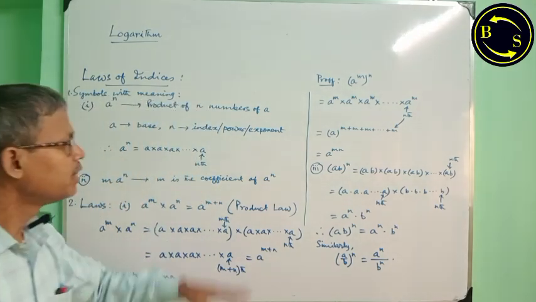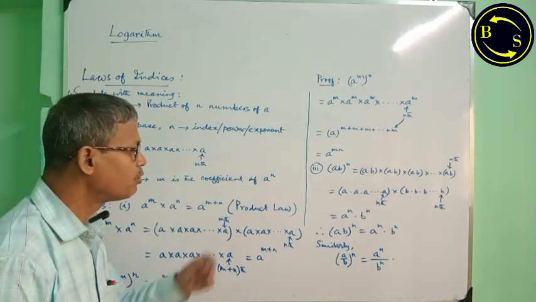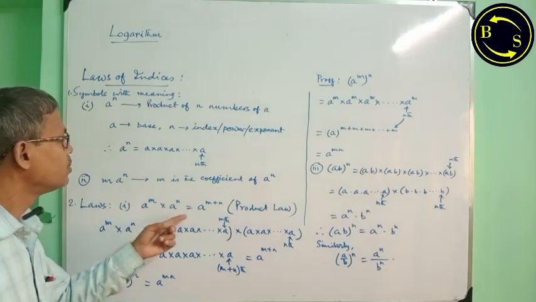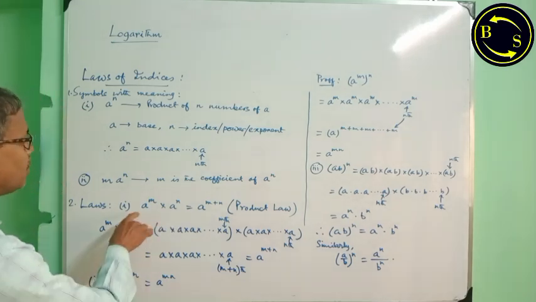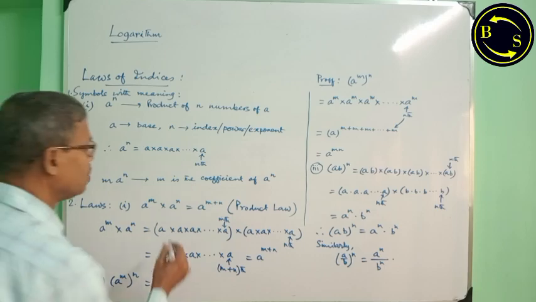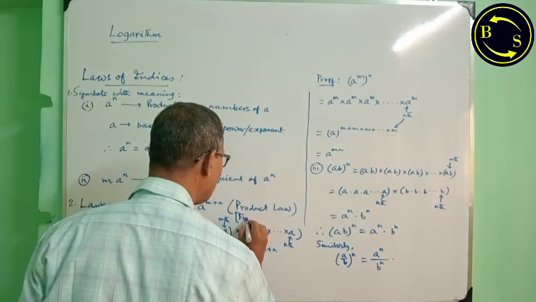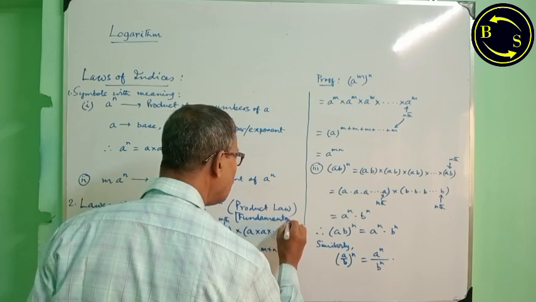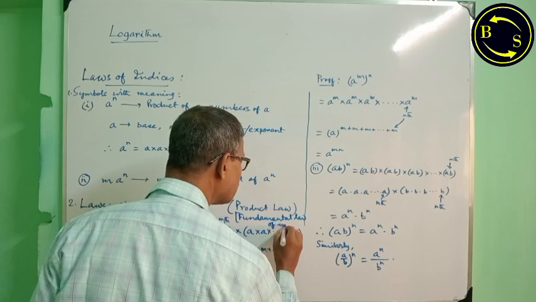All these three are related to multiplication or product. Therefore, this is the fundamental law of index. Fundamental law of index is this. This is called fundamental law of index.